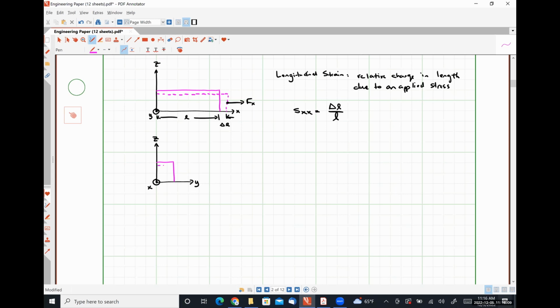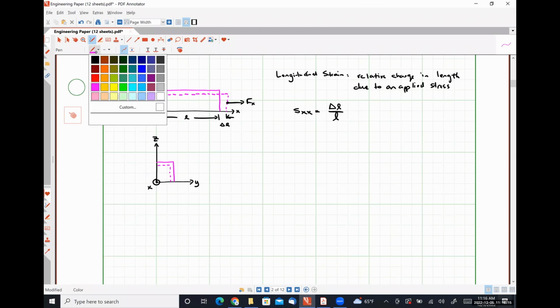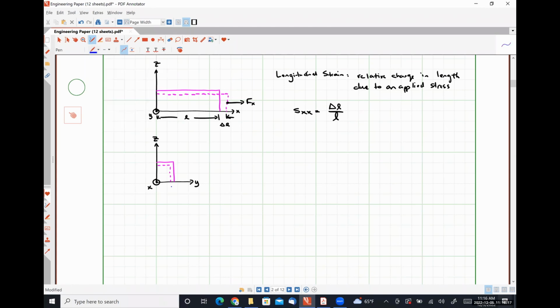After our force has been applied, the beam has this cross-section, where this dimension is the change in width, and then this distance is the original width.